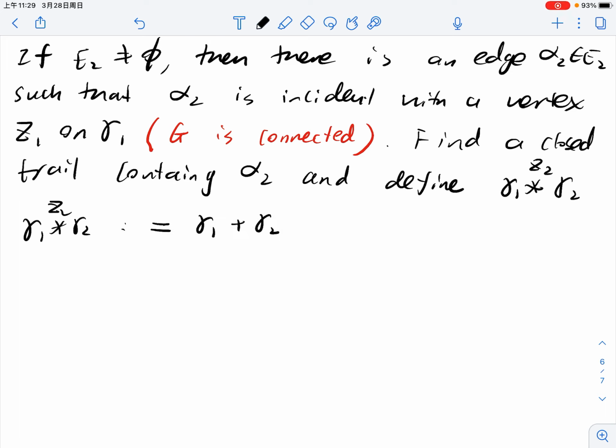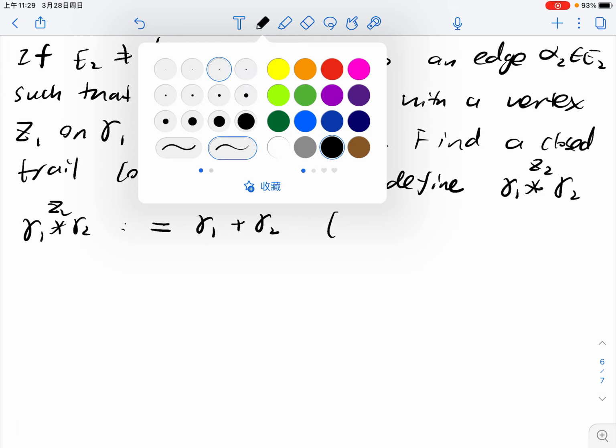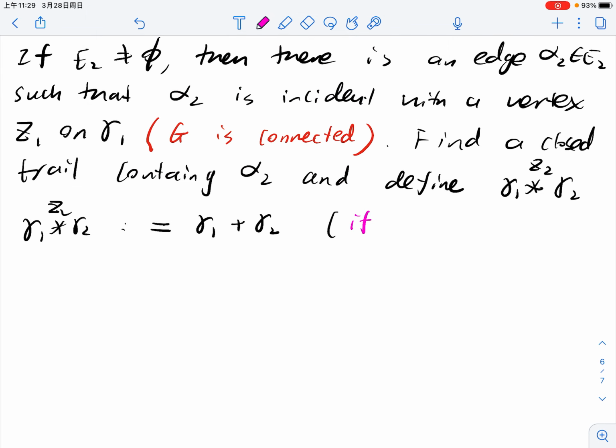In other words, we can rearrange gamma 1.